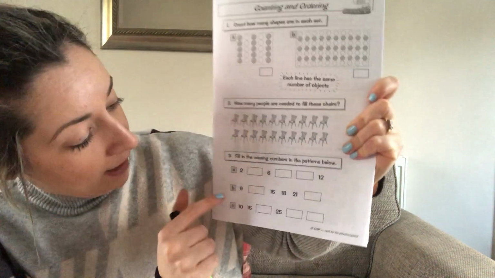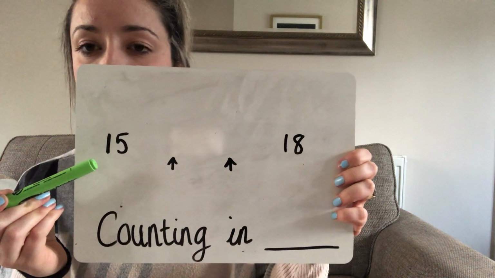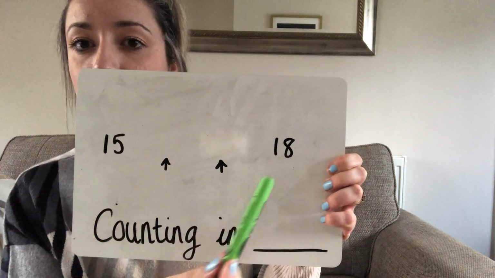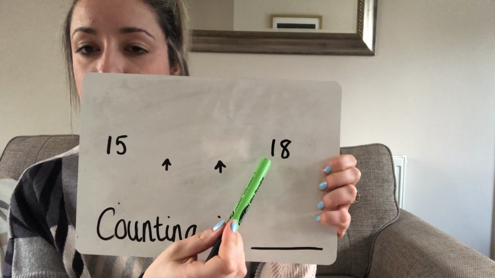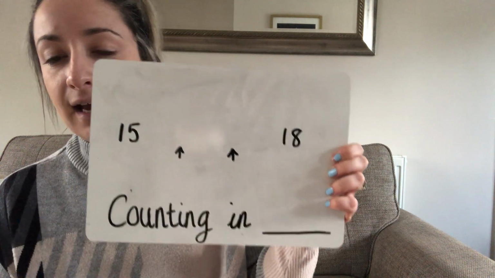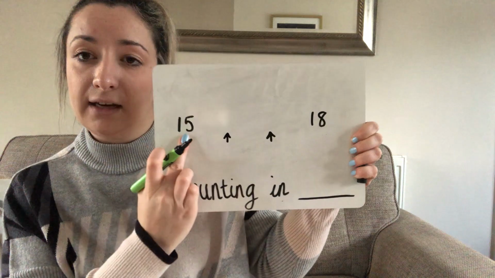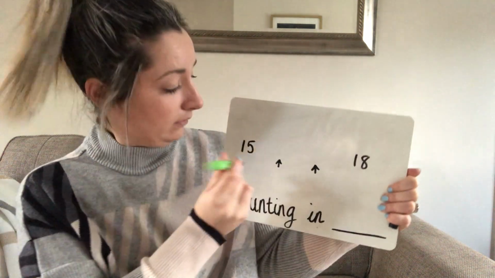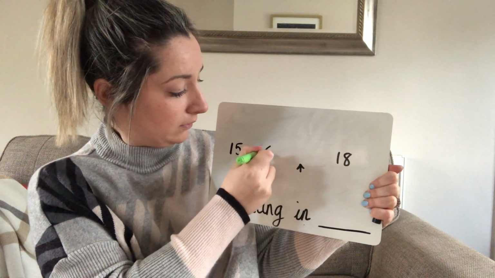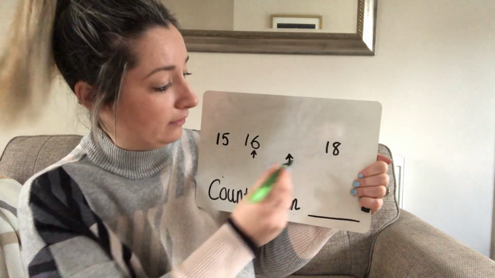If we look at B, I've done this one on a board for you. So here we start off on the number 15, and then we have 18 in the next box. I'm going to fill out the numbers which come before 18 and after 15. So what comes after 15? 16. What number comes after 16? 17.